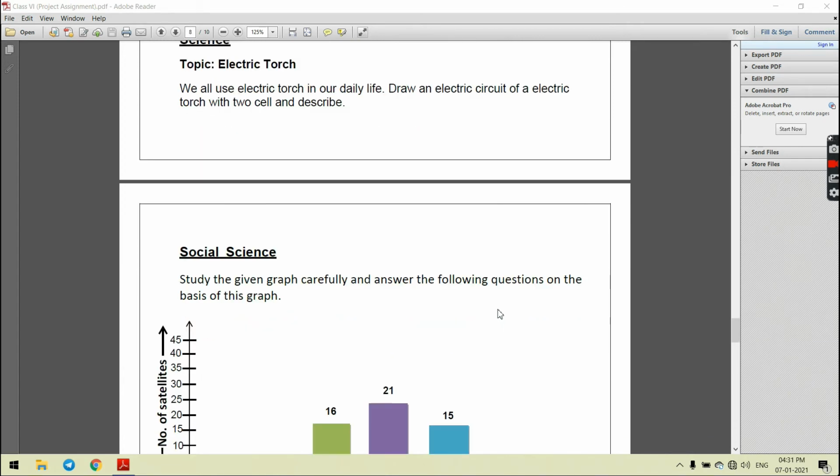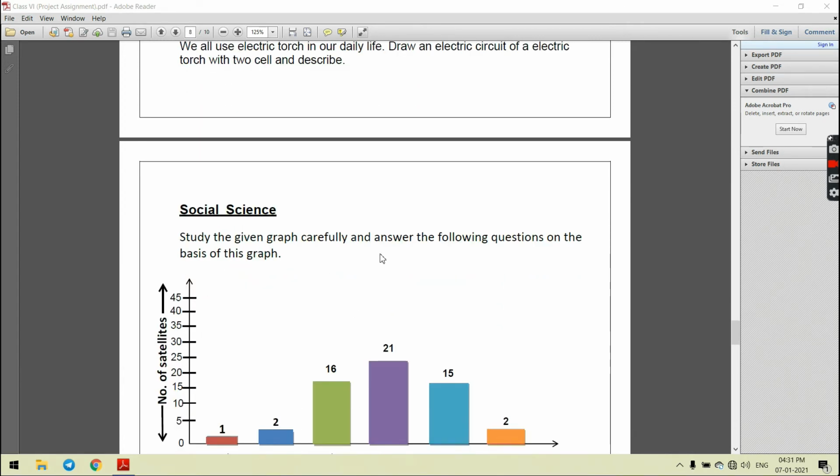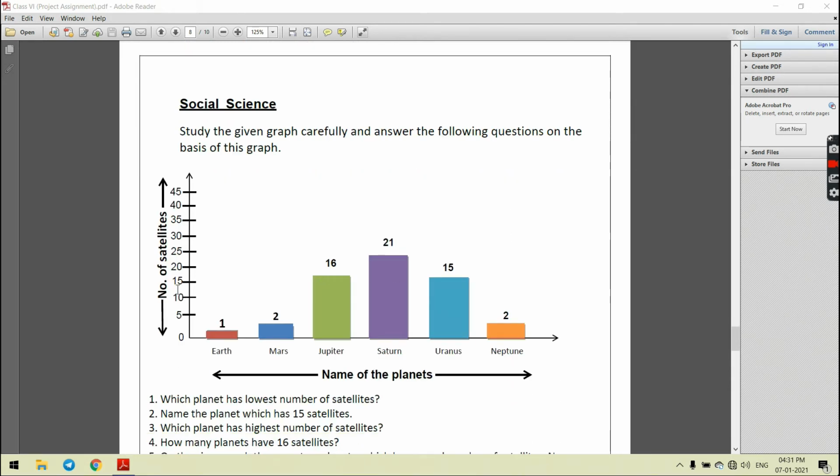Now we are coming to social science. The topic is study the given graph carefully and answer the following questions on the basis of this graph. You can see on the y-axis of this column graph, number of satellites are taken, and along the x-axis, names of the planets are taken. Different columns are representing different planets, and the top of each column represents the number of satellites of that particular planet.